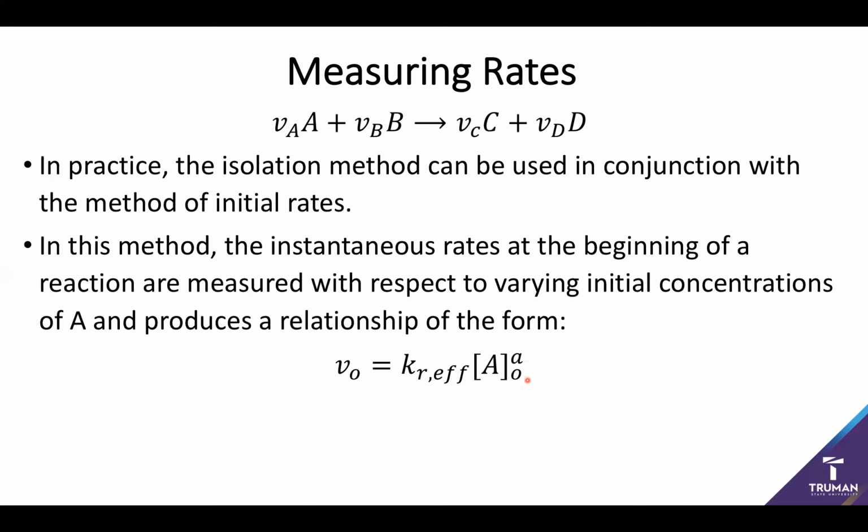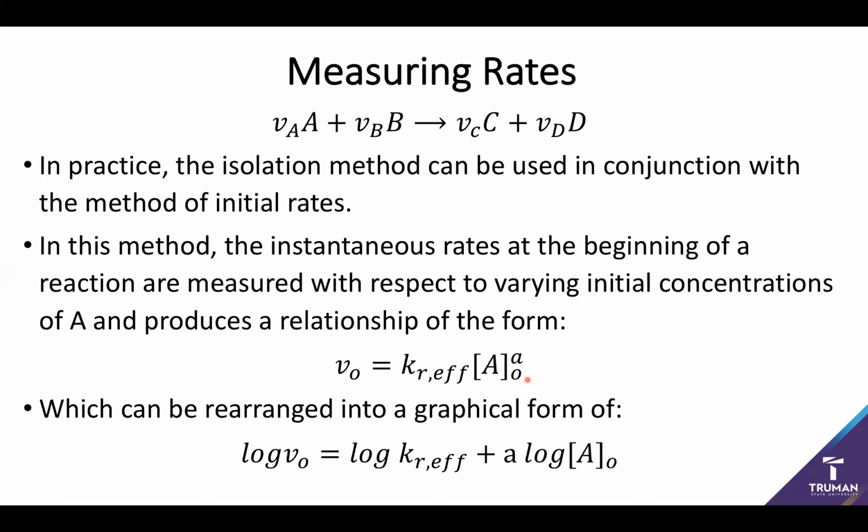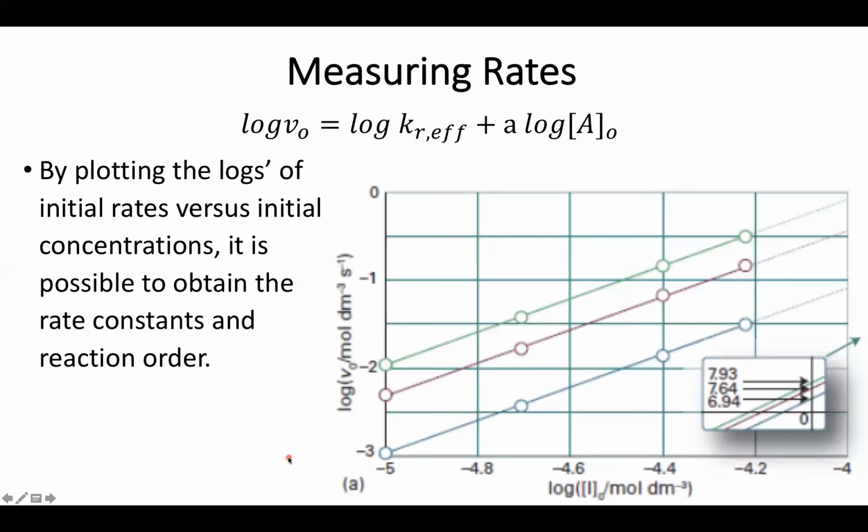So one of the ways we can do this is by taking the log of the reaction. So if I do this, what I can do is plot the log of my initial rate versus the log of my initial concentration. So as I vary my initial concentration, I can get a change in my initial rate. And then we can go ahead and plot this initial concentration versus initial rate.